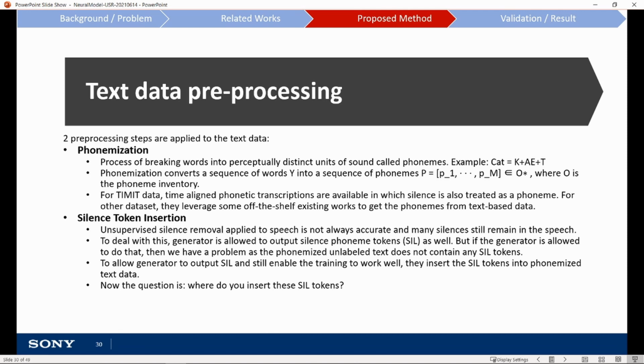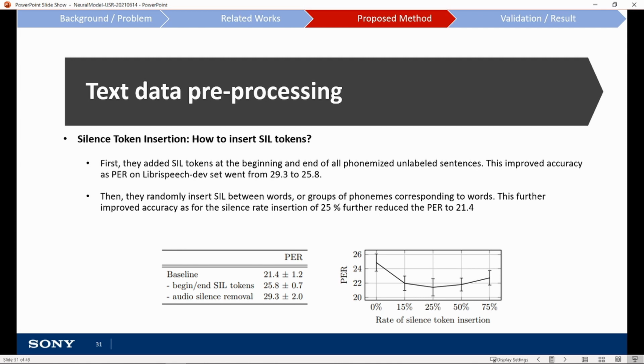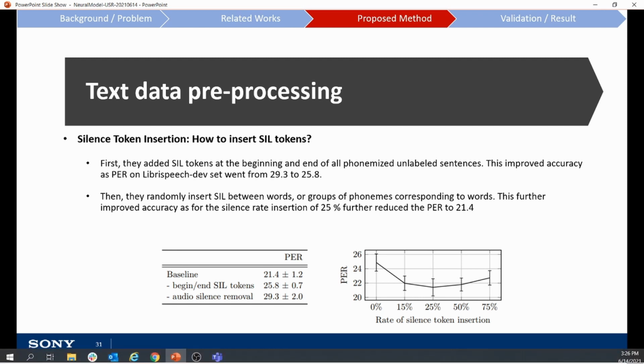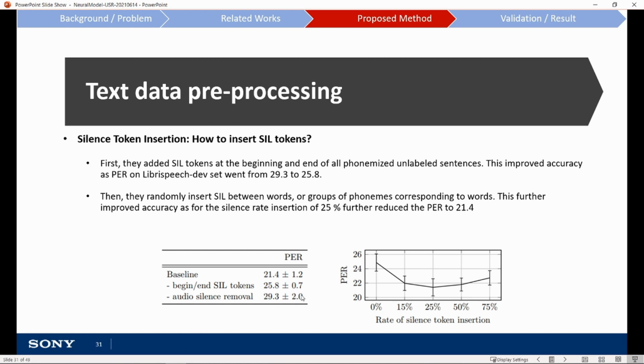So now the question is, where do you insert these SIL tokens? They conducted experiments for that as well. Without inserting any SIL tokens, they get a phoneme error rate of 29, and then they insert SIL tokens at the beginning and end of all phonemized unlabeled sentences. This improved the accuracy, as the error rate went from 29 to 25.8.